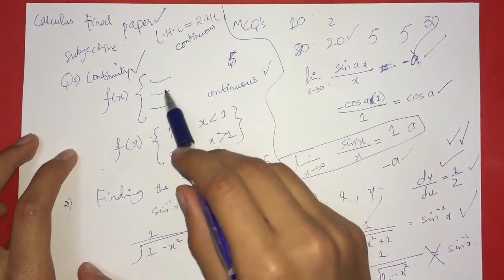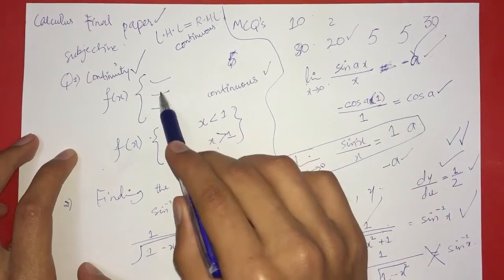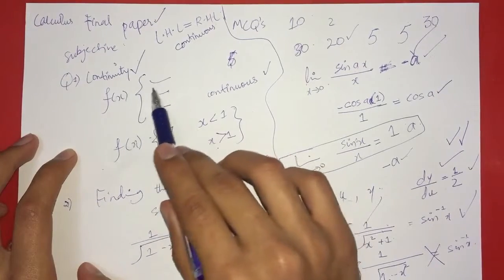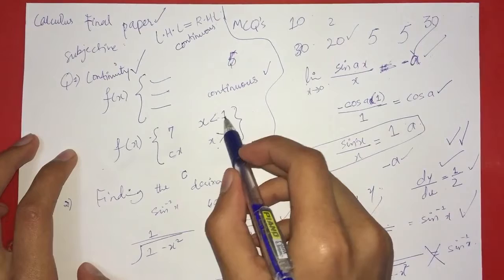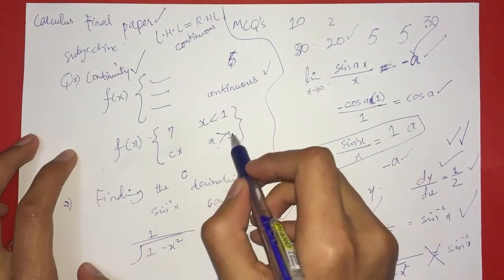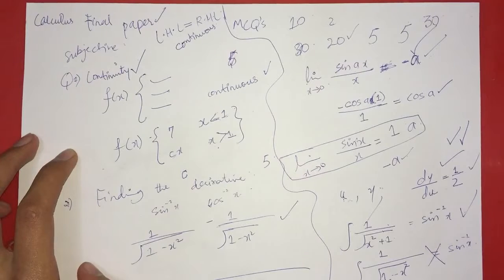So here you had a piecewise function, with 2 functions given inside one function, and you had conditions of x when x is less than 1 and when x is greater than 1. Whenever x is less than 1, x is approaching 1 from the left side, so it can be 0.9 or 0.8.